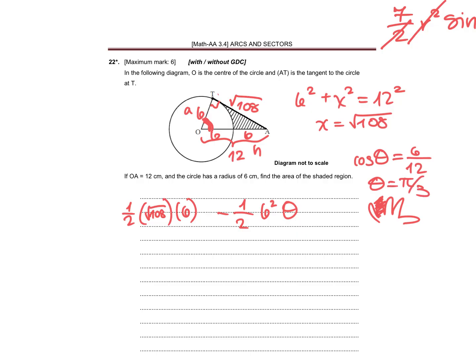So actually here we can replace with pi over 3. So this cancels to be 3, and this is 6 root 3. I did that in the calculator. So 18 root 3. And then we have 36 over 2 is 18, minus 18 pi over 3 for the area of the shaded bit, also known as 6 pi.